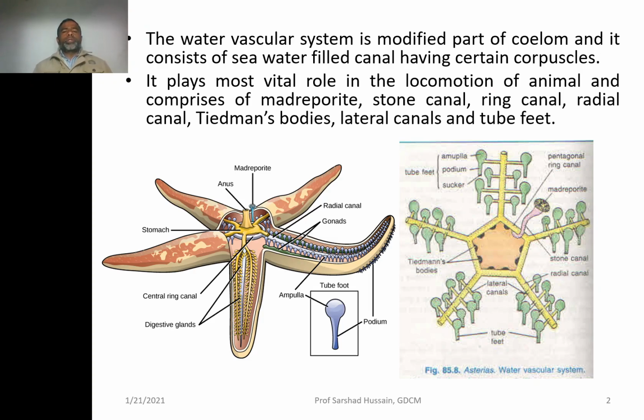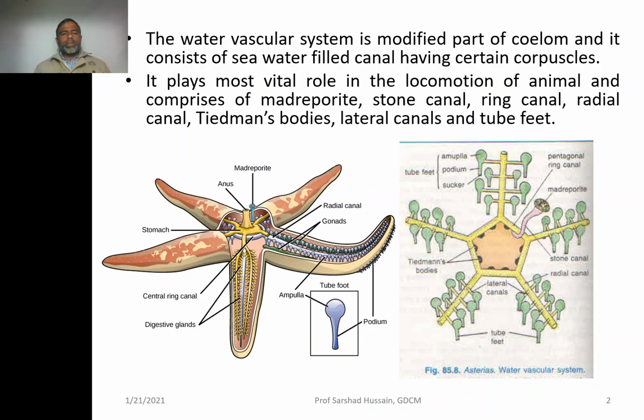The water vascular system is a modified part of the coelom. We have discussed it earlier also, that basically the body cavity, which is called the coelom, is modified to form the water vascular system, and it consists of sea water filled canals, because all echinoderms live in the sea.